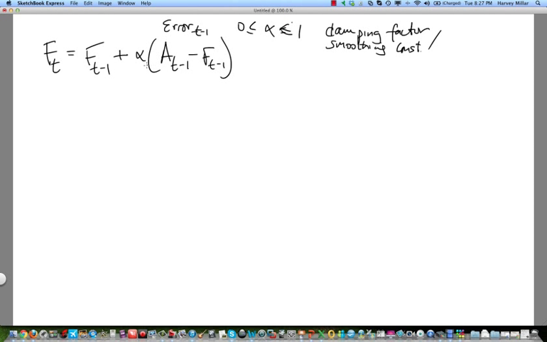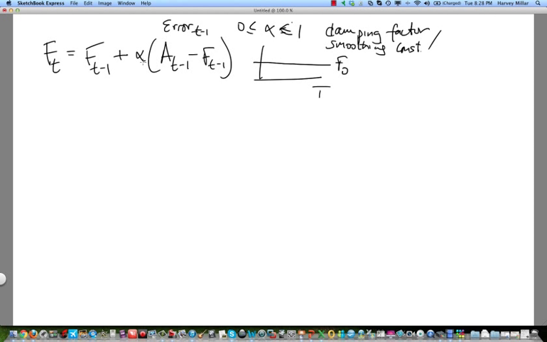If we made alpha equal to 0, that's ultimate damping. This term goes completely out the window, and our forecast never changes. So the next period forecast is the same as the last period forecast. Essentially you get a really flat thing like this, a very fixed forecast. Whatever you start off with, that's what your forecast will be constantly over time.